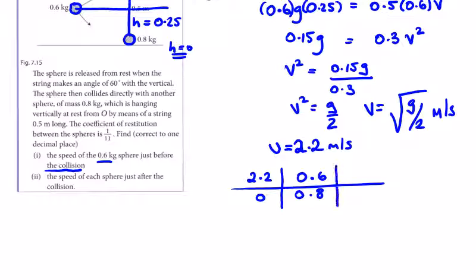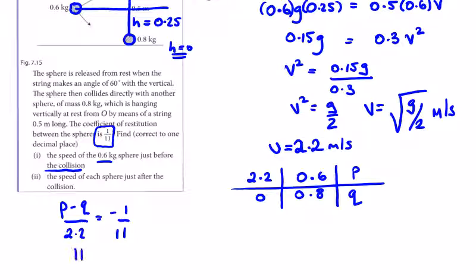We'll call the speeds after P and Q. So just using our equations, we're going to get P minus Q over 2.2 minus 0 is equal to minus E. Not told anything about E here. Well, we actually have to be, don't we? Here it is up here. Didn't read the question. Should read the question. Minus 1 over 11.